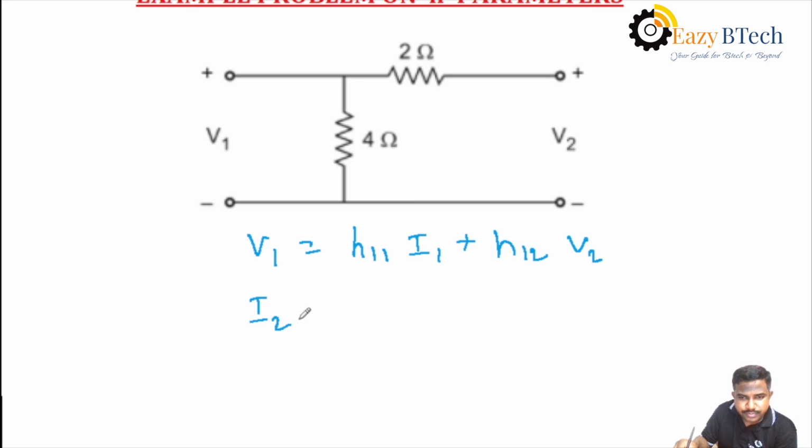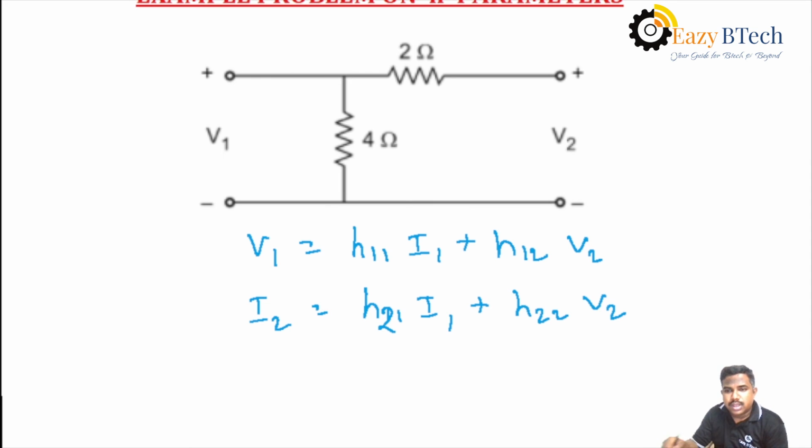Similarly, I2 equal to H21 I1 plus H22 V2. Okay, in this way, we have to find out V1 value and I2's values in terms of I1 and V2. Then equating with the standard equations, compare the coefficients, then find out H parameters.